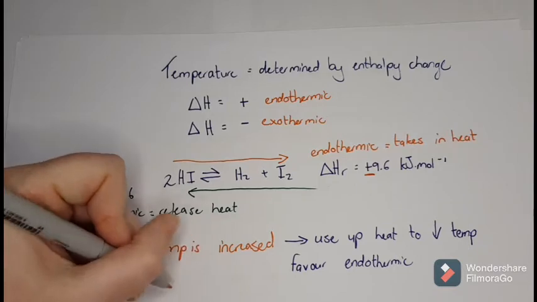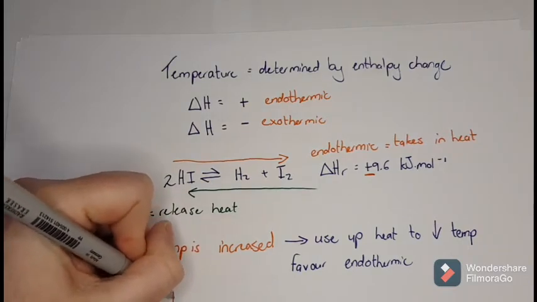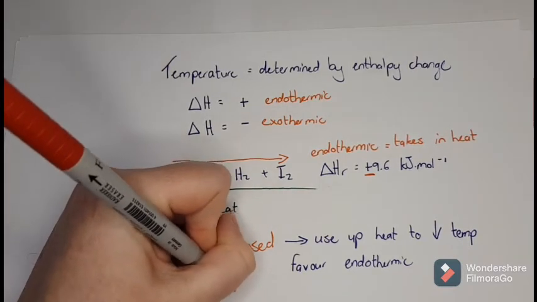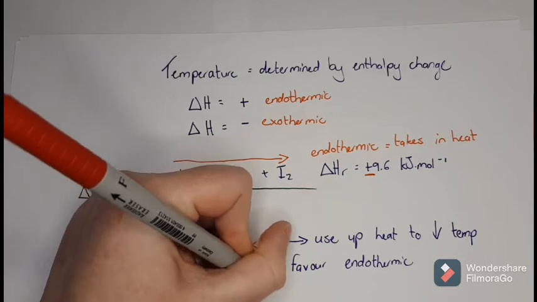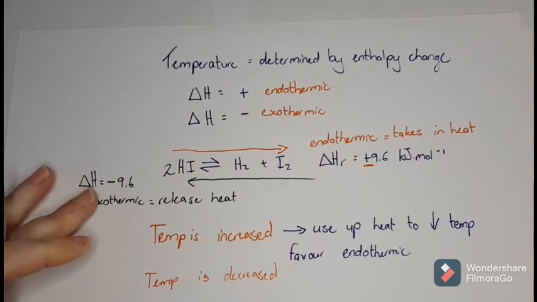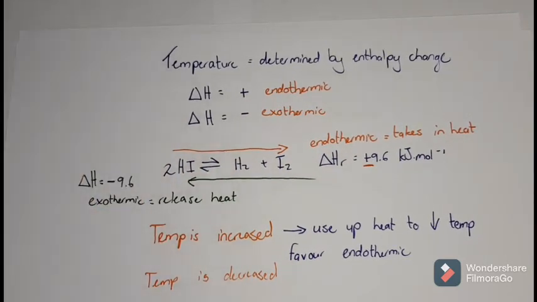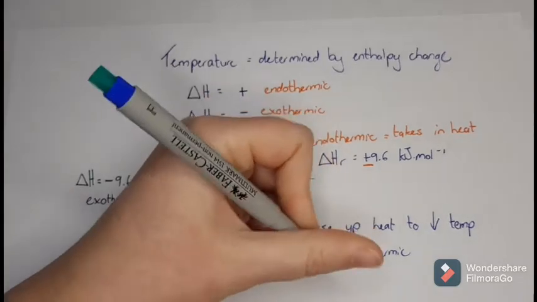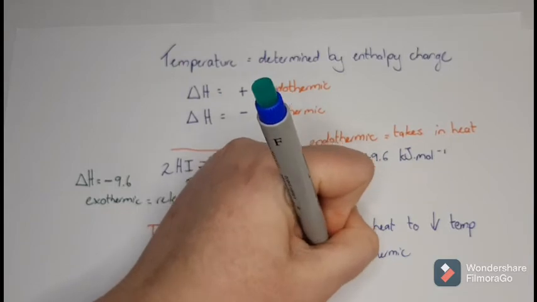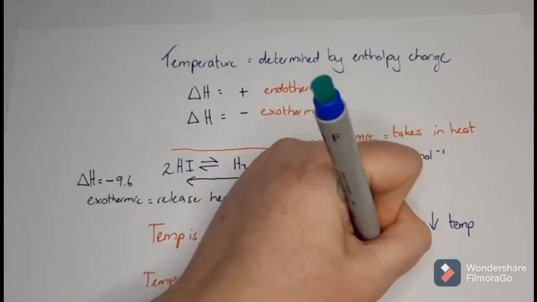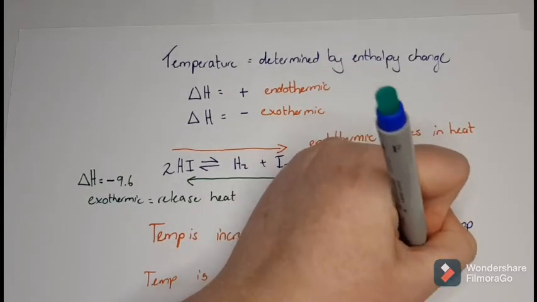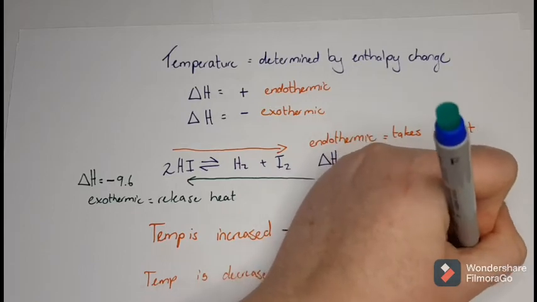Then if my temperature is decreased, that means that I've lowered the amount of heat that I want. So in order to get back to what I have, I am then going to release heat to increase the temperature.